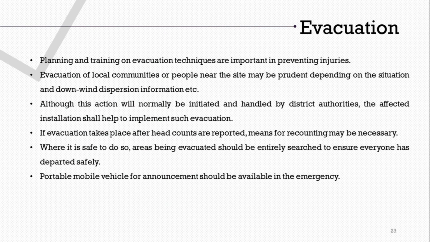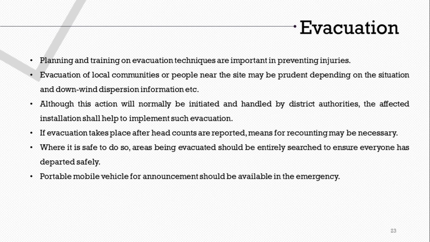Now evacuation. Evacuation is also very important. Planning and training on evacuation techniques are important in preventing injuries. Evacuation of local communities or people near the site may be prudent depending on the situation and downwind dispersion information, etc. Although this action will normally be initiated and handled by the district authorities, the affected installation shall help to implement such evacuation.